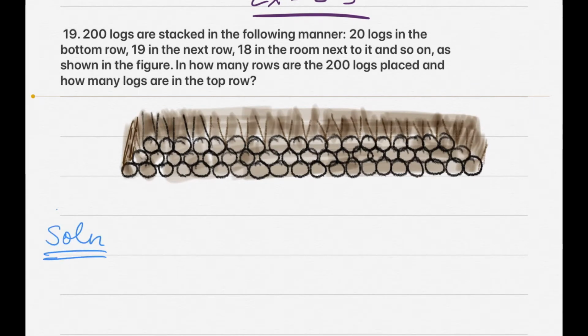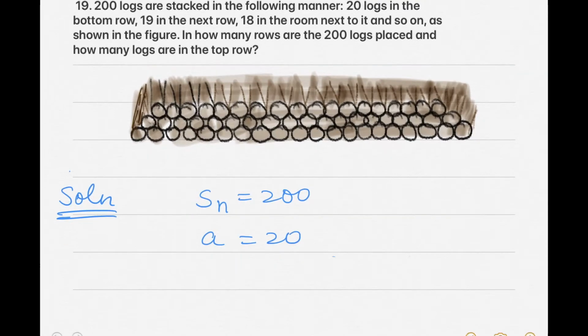Here n is not given, and 200 logs are arranged one above the other, right? So the sum of n terms is given to me as 200, and a is equal to 20 because they started with 20.